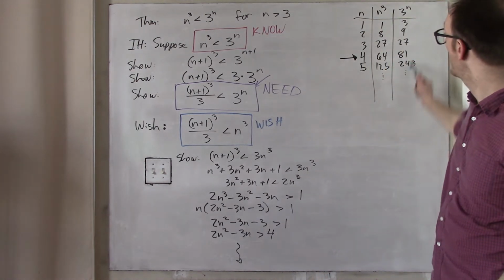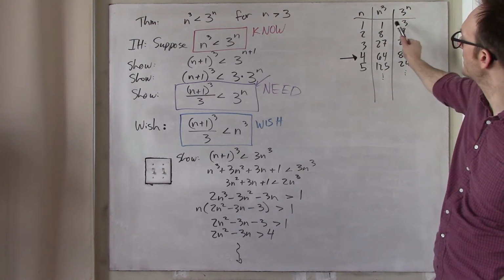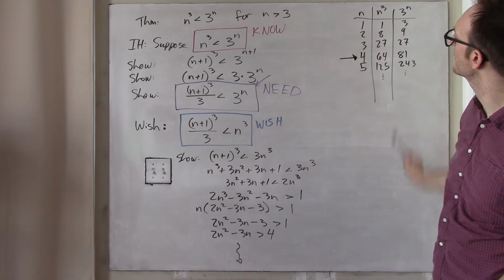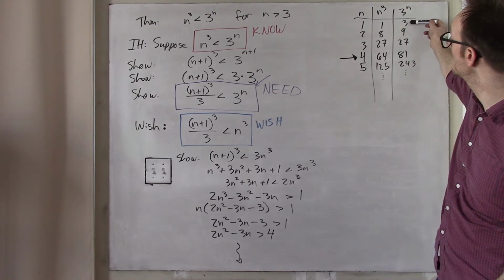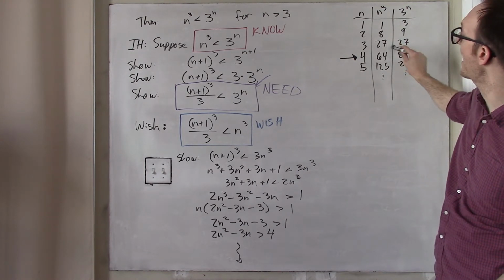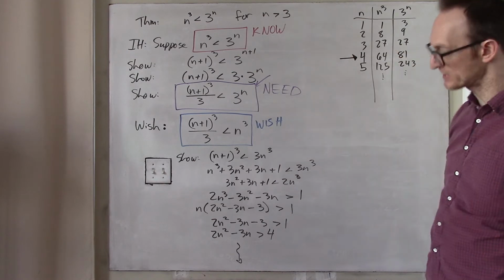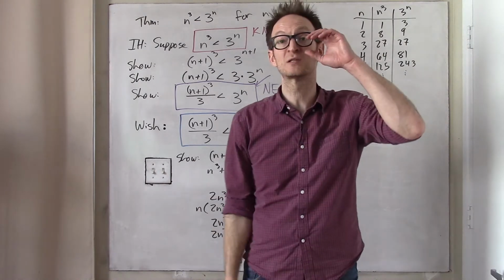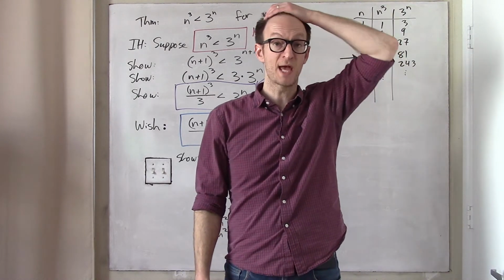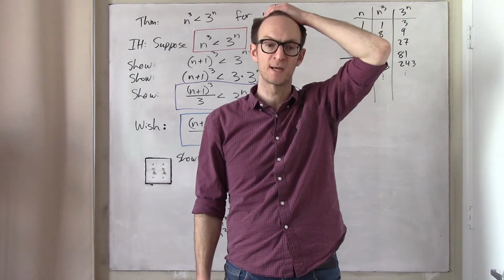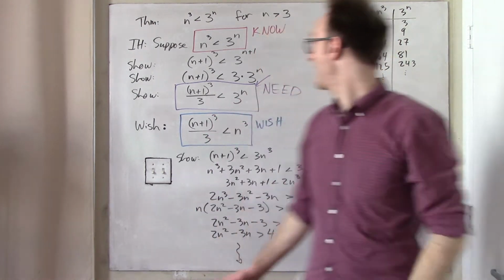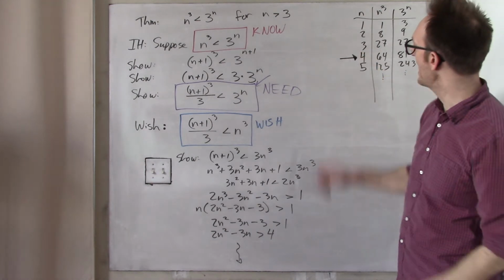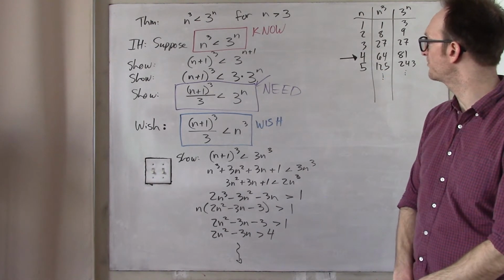In fact, we see when filling out this chart that in the comparison between n cubed and 3 to the n, 3 to the n indeed starts out bigger, but they're tied for a second at n equals 3. If you graph these two functions, you will see that they intersect each other twice, once at the integer 3 and again at some other point.